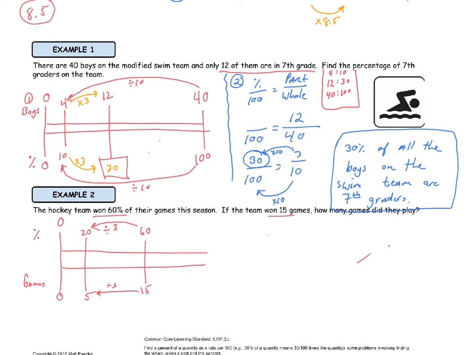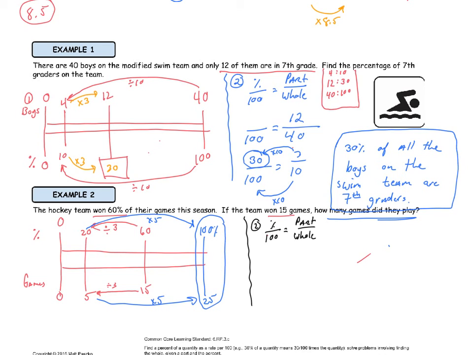Now, in order to get to 100%, which is how many games they played in total, I have to do 20 times 5. Whatever you do to the top, you have to do to the bottom. 5 times 5 represents 25. So 100% of their games represents 25 games.